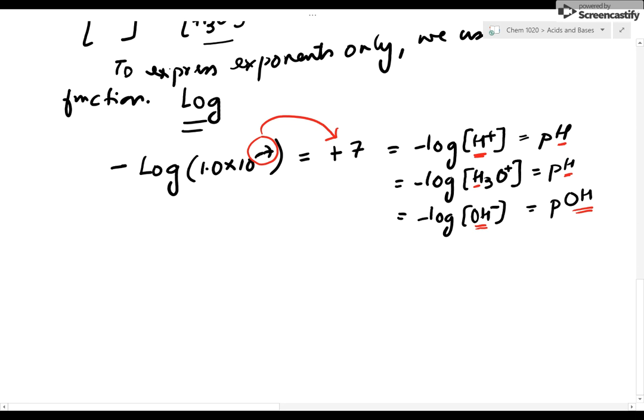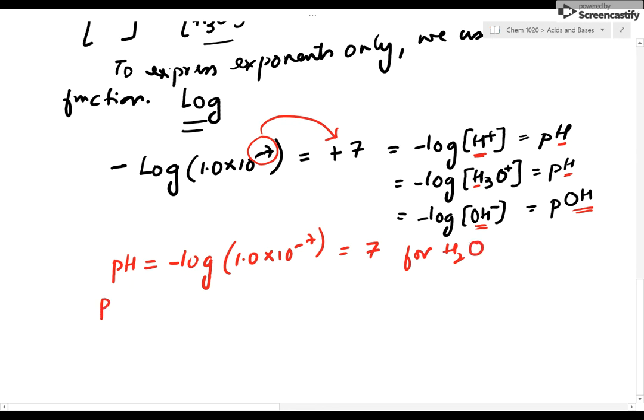So, long story short, we can write this as pH is equal to negative log of 1.0 times 10 to the negative 7, which is 7. And this applies for water, okay? Likewise, pOH is equal to negative log of 1.0 times 10 to the negative 7, which is again equal to 7, and that's for water again.